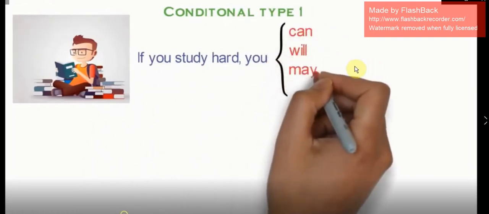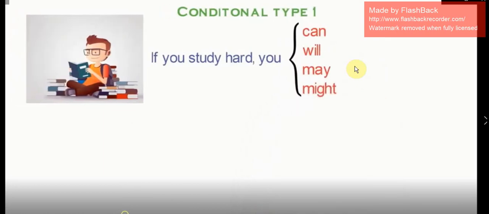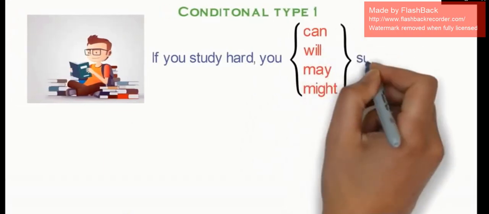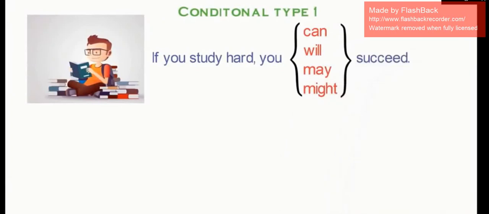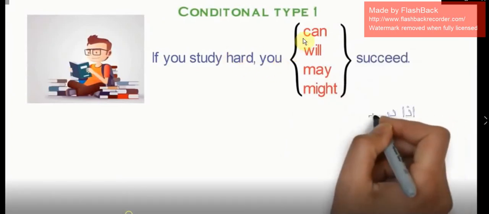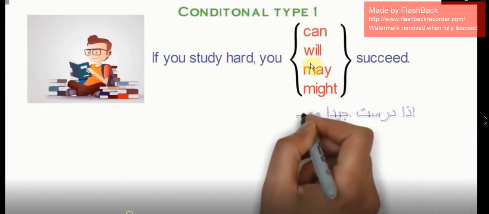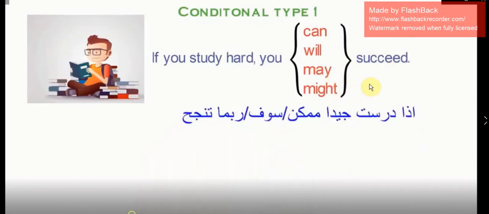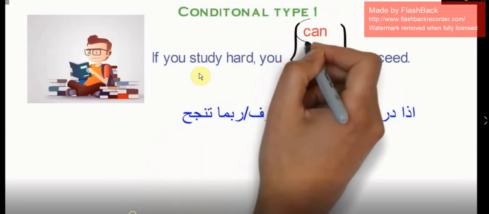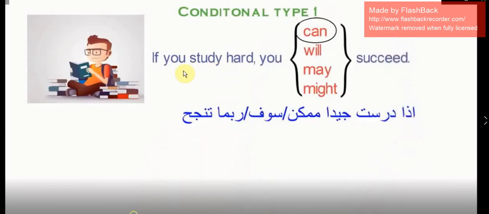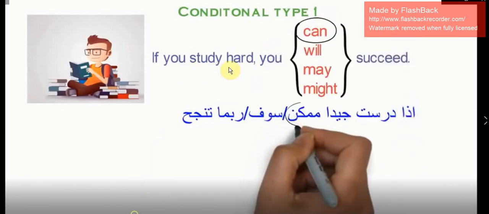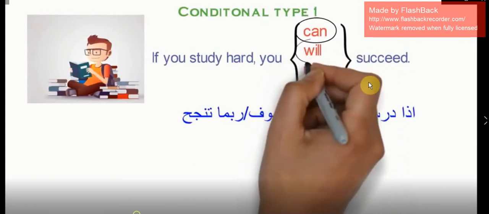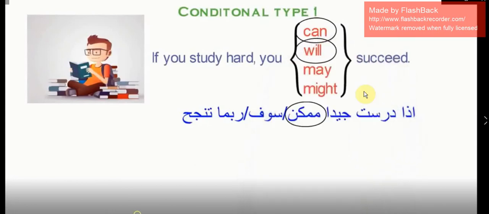Can, will, may, or might, plus the infinitive. Their infinitive, يعني مصدر بدون to. If you study hard, you can succeed, or will succeed, or may succeed, or might succeed. إذا درست بصورة جيدة, what will happen? You will succeed. You can succeed, you may succeed, or you might succeed.